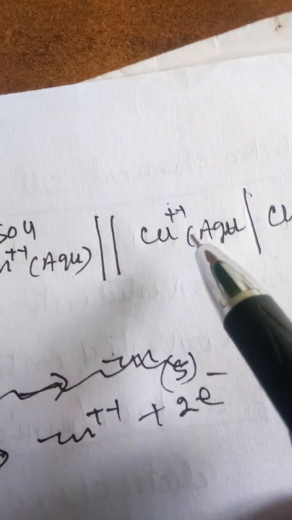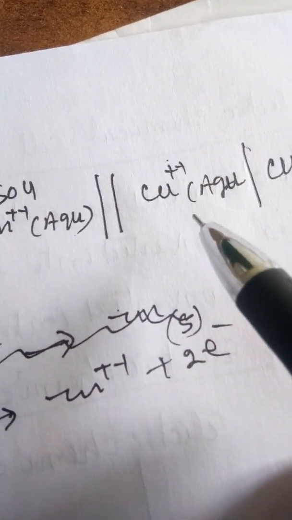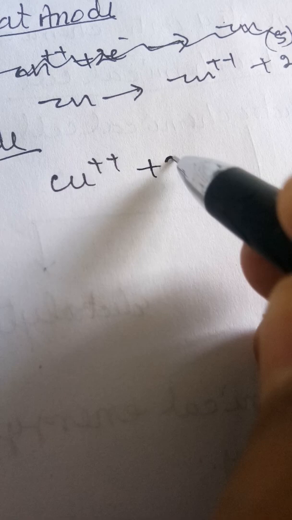So what is the reaction at the cathode? Copper ions are present here. The electrons will be taken by the copper ion, 2 electrons, and it will change into copper solid.